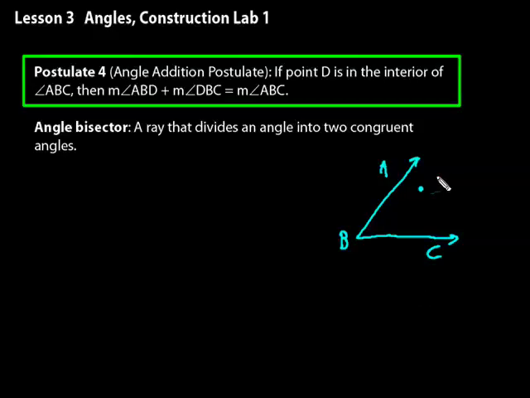So let's put another ray right there, and we'll call this point D. The measure of angle ABD, which would be this right here, and sometimes you'll see that curved mark representing a particular angle, plus the measure of angle DBC, the sum of those two is equal to ABC. And that seems pretty obvious. Remember, postulates are things we assume to be true without proof, so a lot of times they're fairly obvious, fairly easy to understand.